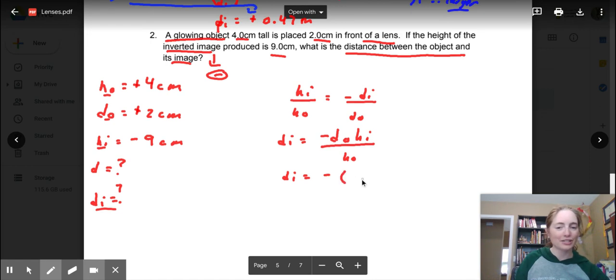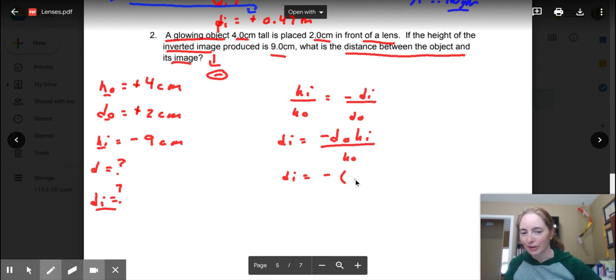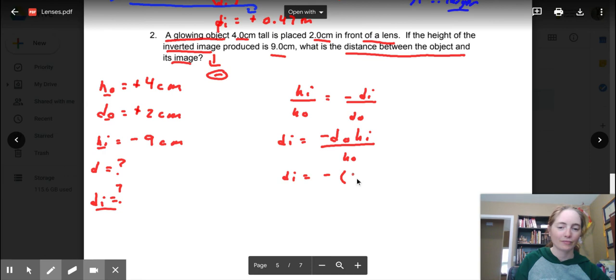That negative is going to stay on the outside. My DO, ladies and gentlemen, is going to be... I lost my spot, ladies and gentlemen. No, I didn't. We're fine. We're good.